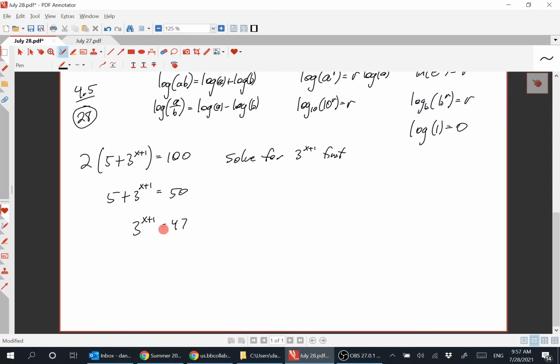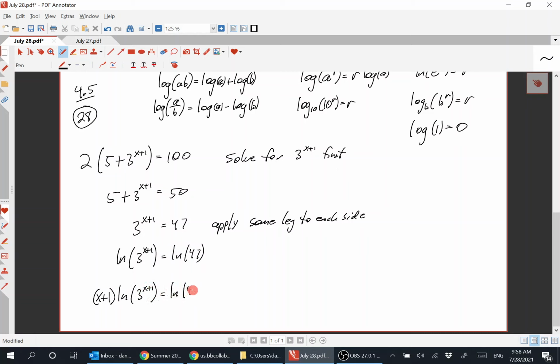So now that you've got that, apply some log to each side. All right, so I'll do natural log. And then the exponent comes down. Now here's the mistake that I saw a lot on exam 3. People left out the parentheses.